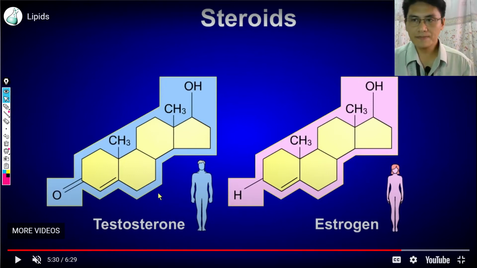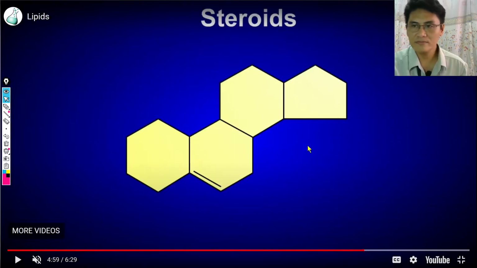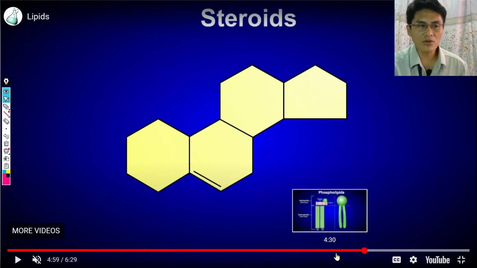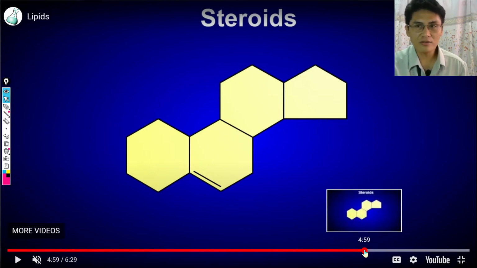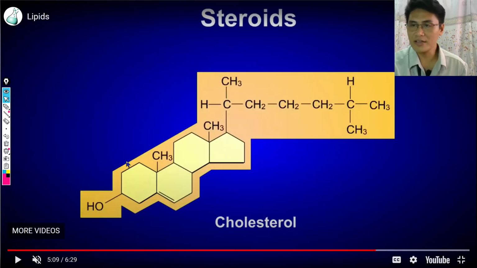Instead of the body having to create from scratch estrogen or having to create from scratch testosterone, what it does is it just uses a, shall we say, a template structure. And that template structure is again these four fused rings, right? So think of it as, okay, if the body needs cholesterol, guess what? It will just take this structure and then attach these things, and that's cholesterol.